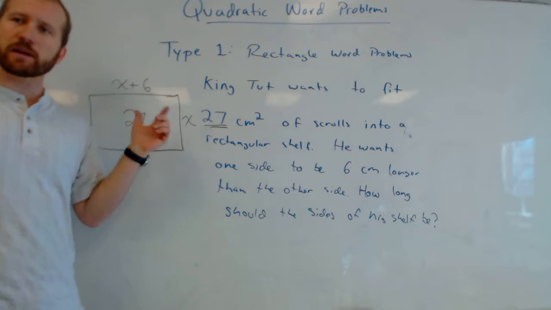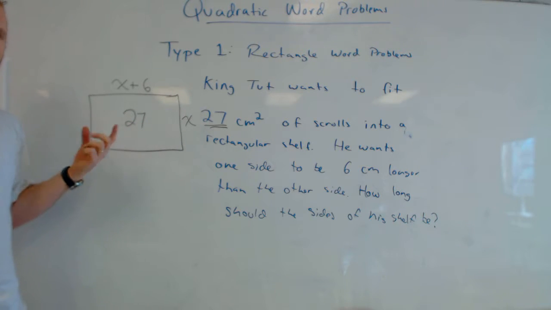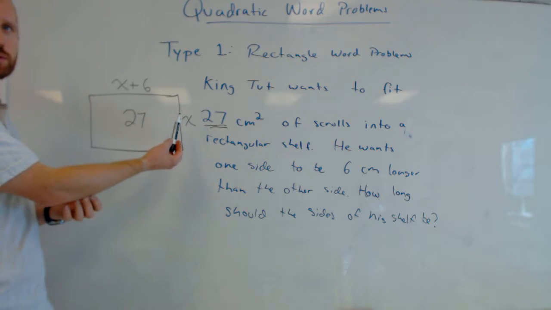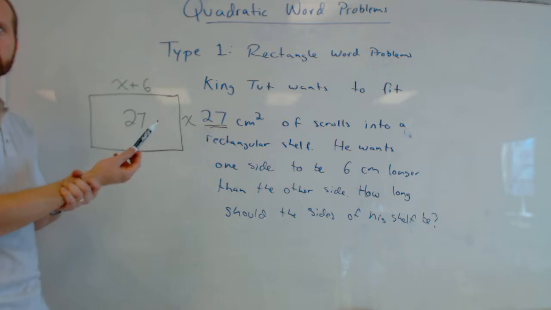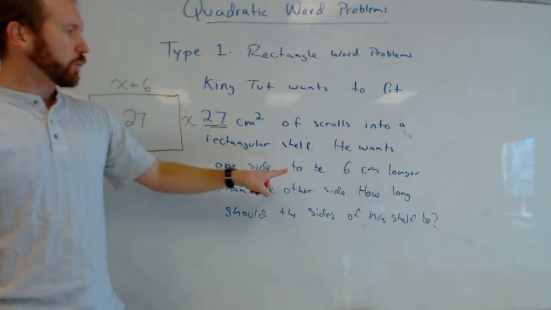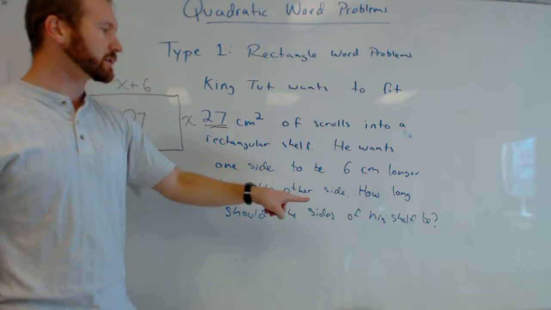All the problems that you do on your homework are going to look something like this. We're going to have a side which might be x, and then another side which is going to be something like x plus 6. Where did I get the x plus 6? One side should be 6 centimeters longer than the other side.